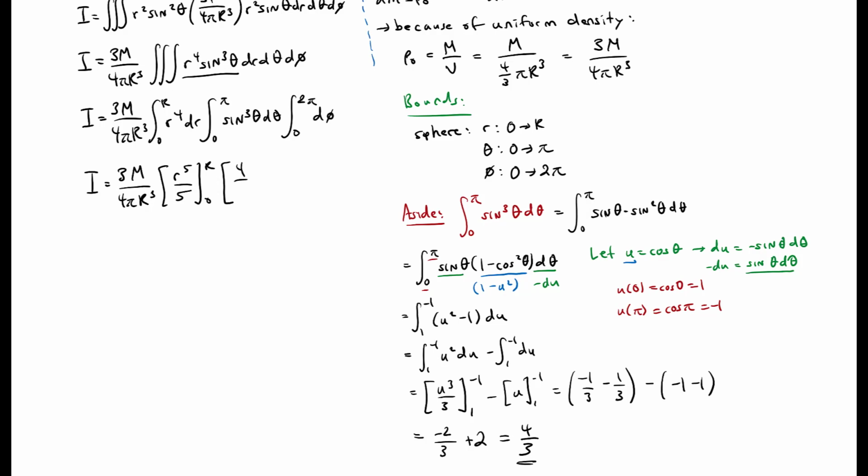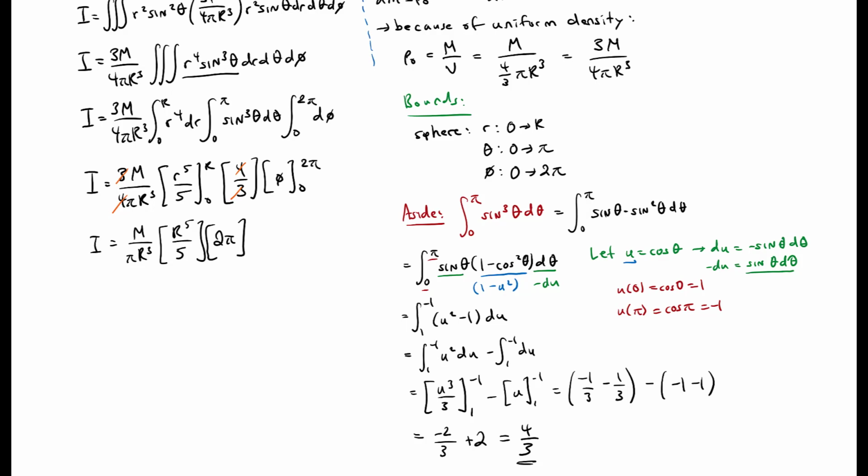So now I can put 4 over 3 here, and then I have phi going from 0 to 2 pi. Let's try and simplify it as we go along. The 3 cancels out, the 4 cancels out. Say I is equal to m over pi r cubed, r to the 5 over 5, and 2 pi.